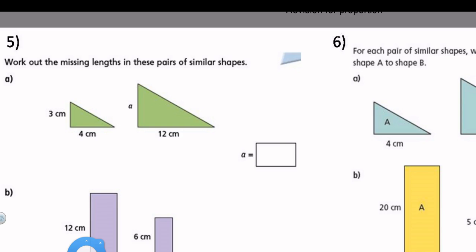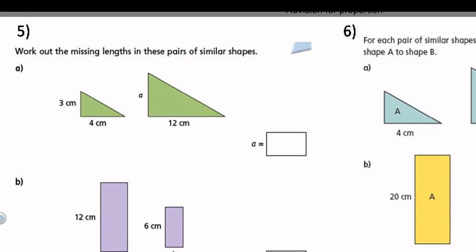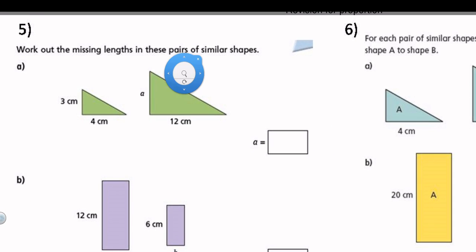Right, this topic is called similar shapes. The green triangle, the small green triangle, is related to the big triangle. They are similar.